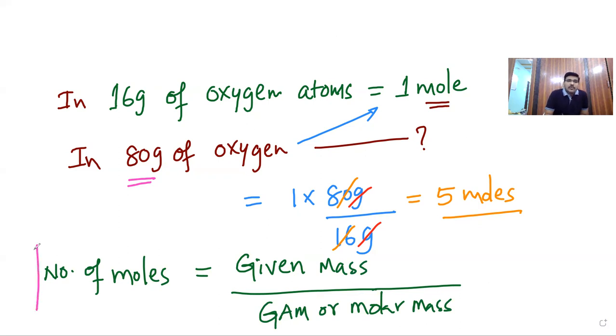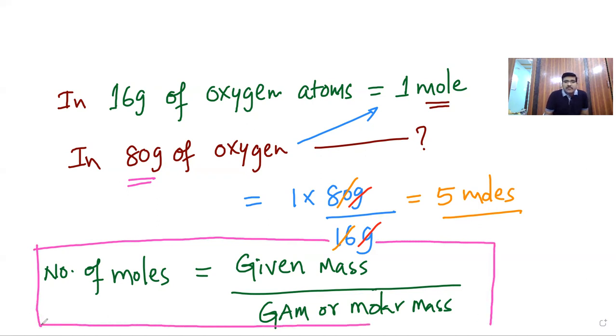So number of moles is equal to given mass by the gram atomic mass or the molar mass. Okay. Now I apply the same formula to this question. Observe. What was the question given? The question given is that.